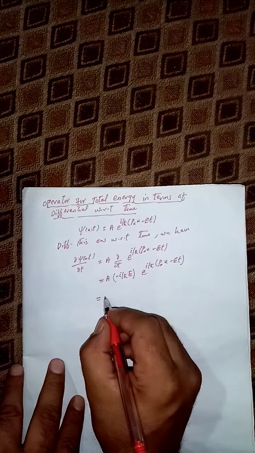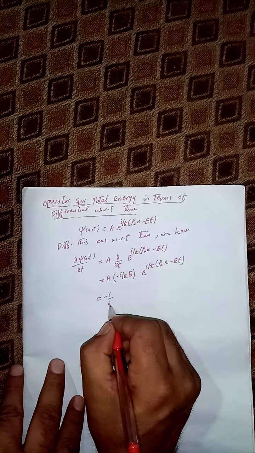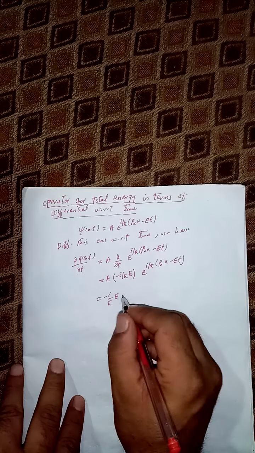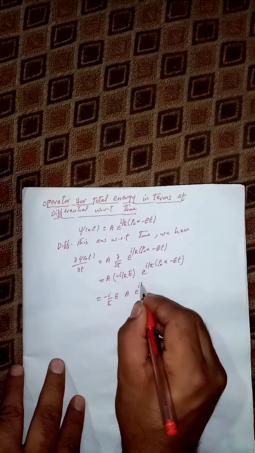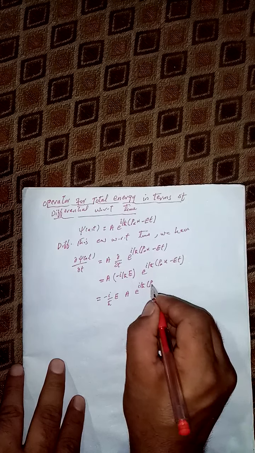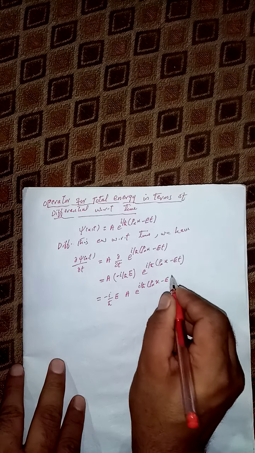Or we can write this as minus iota over h bar into E, and then A e raised to the power iota over h bar (p of x into x minus E t).